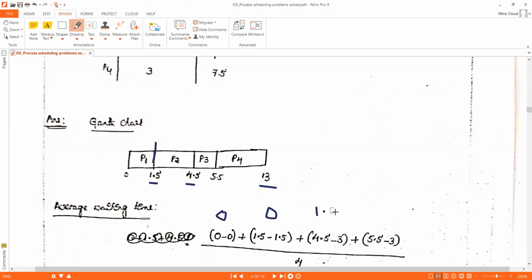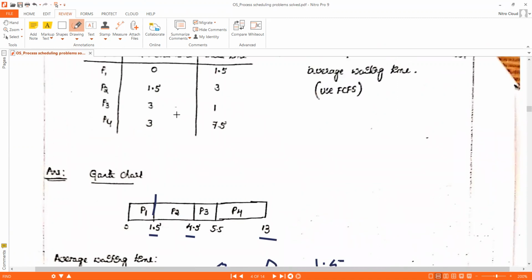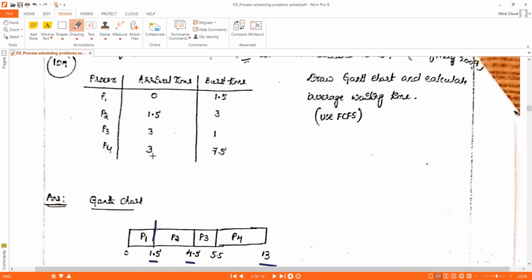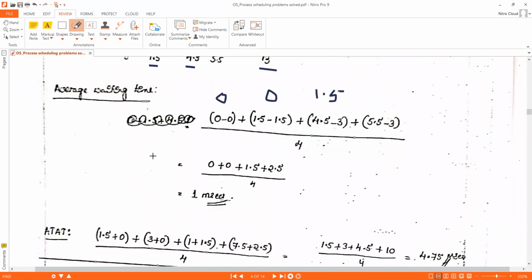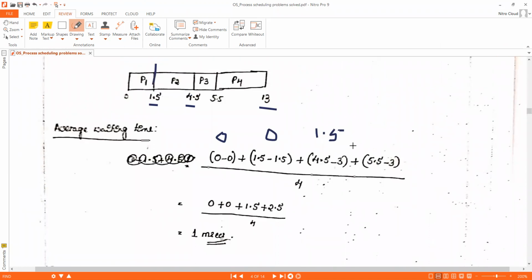Okay, 1.5 milliseconds is the waiting time for process 3. Okay. Next, process 4's allotted time is 5.5 milliseconds and process 4's arrival time is 3 milliseconds. Okay, 5.5 minus 3 milliseconds, it is 2.5 milliseconds. 2.5 is the waiting time for process 4.